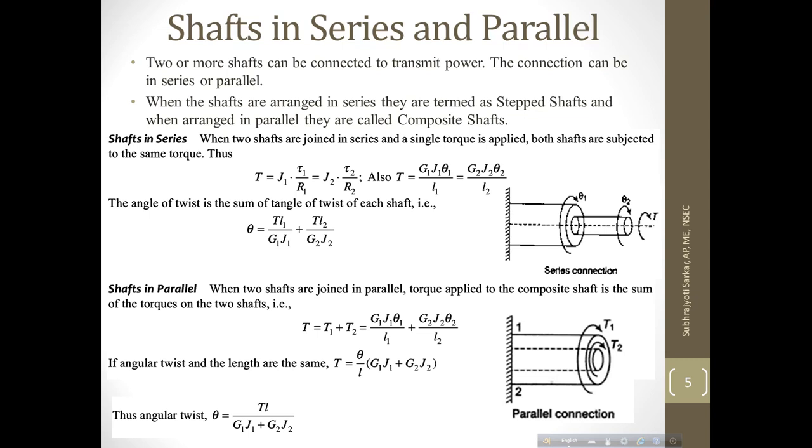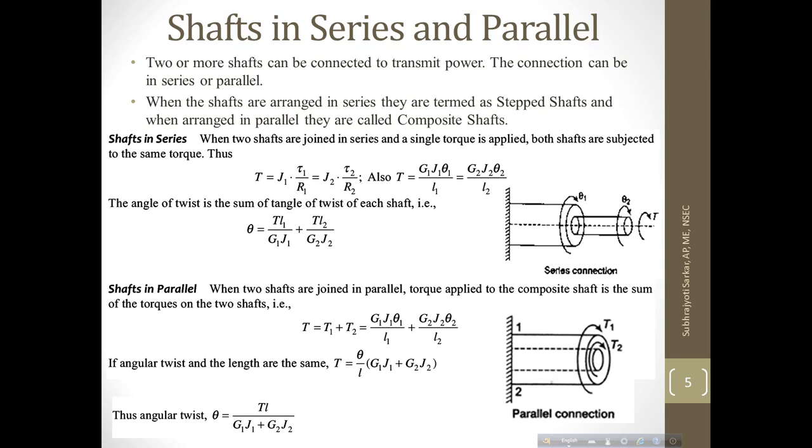Due to the size, the value of the polar moment of inertia, J, varies according to the diameter of the shaft.